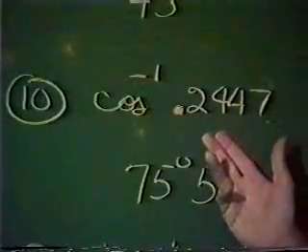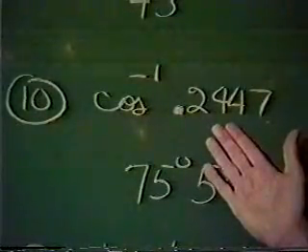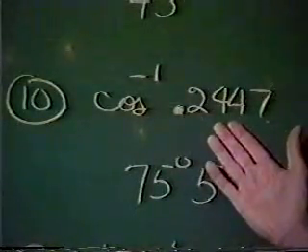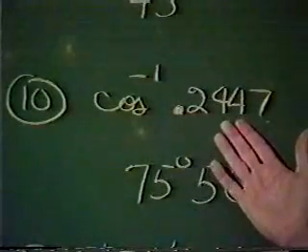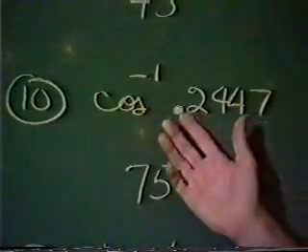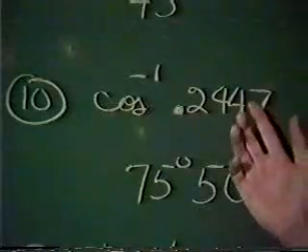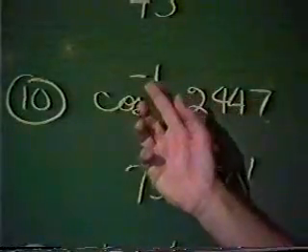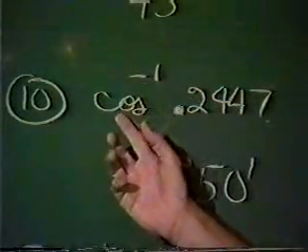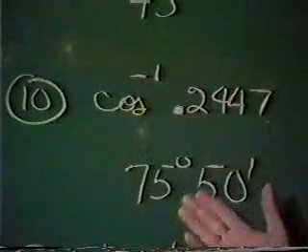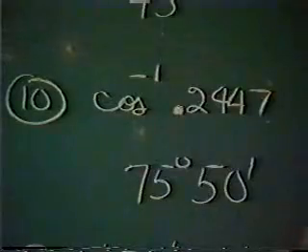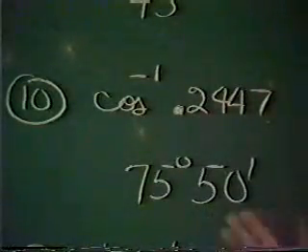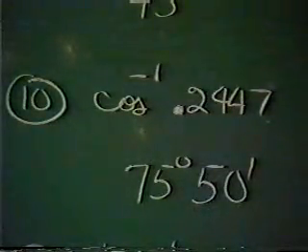Now that brings me to using your textbook or using a calculator. There is no problem with most of these problems with a calculator. You just punch 0.2447 and then hit the inverse button and then the cosine button, and it gives you 75.8 something, some kind of decimal. It will not give you minutes and seconds.